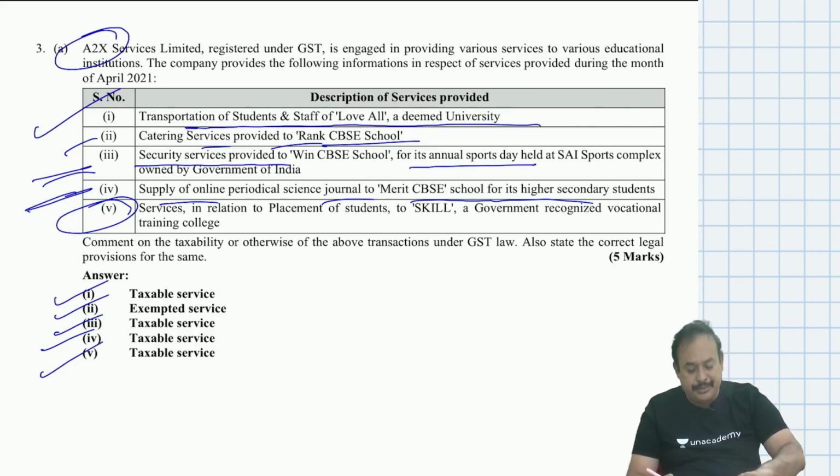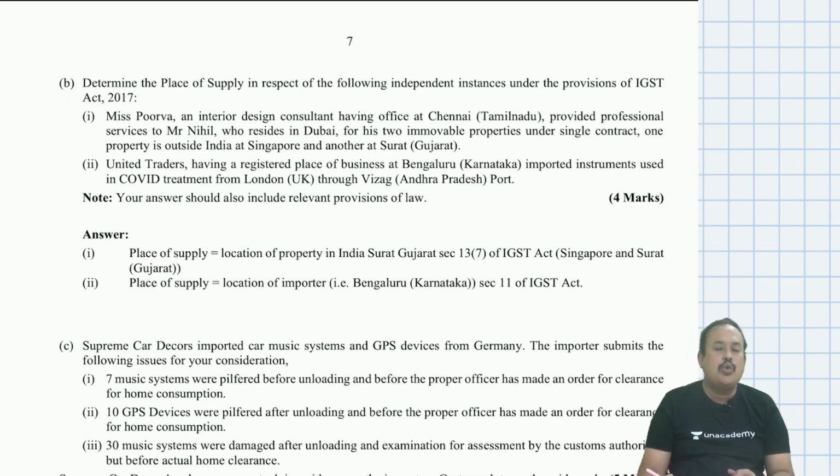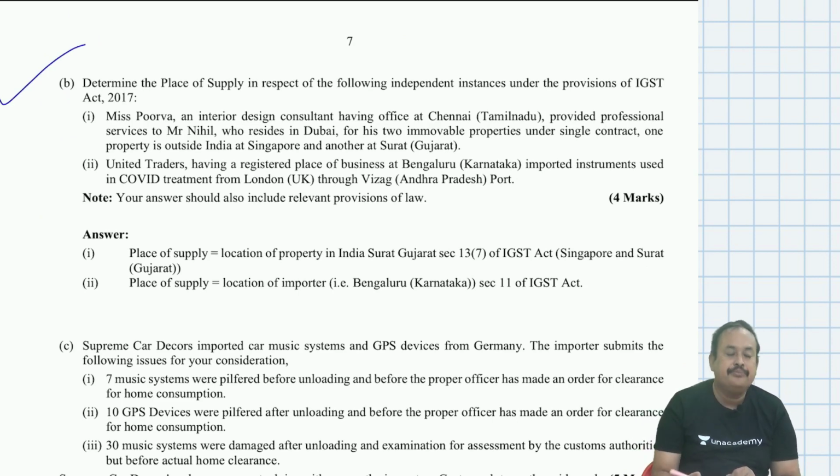Further, my dear friends, question number 3 in that point number B. Determine the place of supply in respect of the following independent instances under the provisions of the IGST Act 2017. 1.